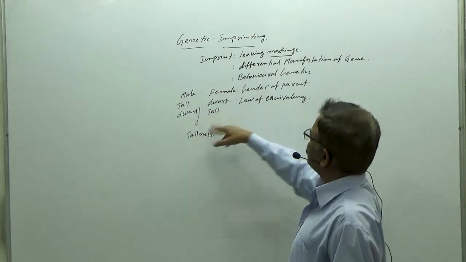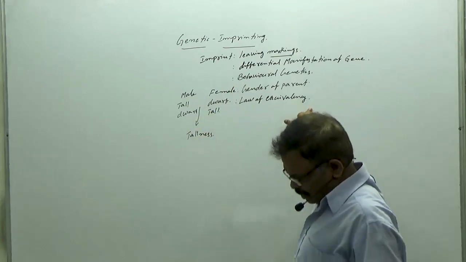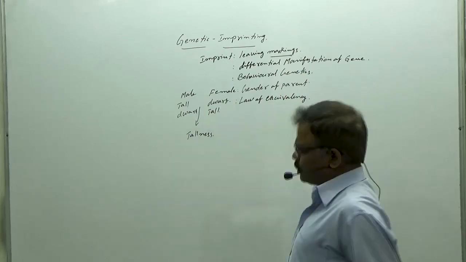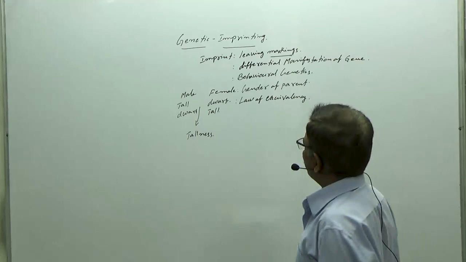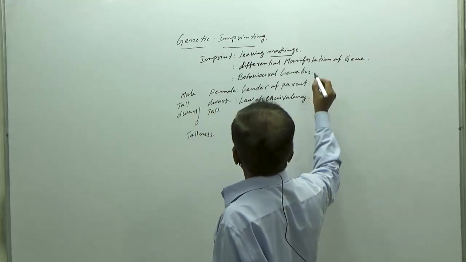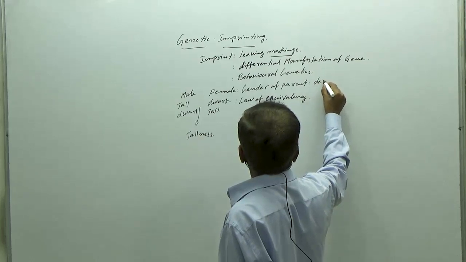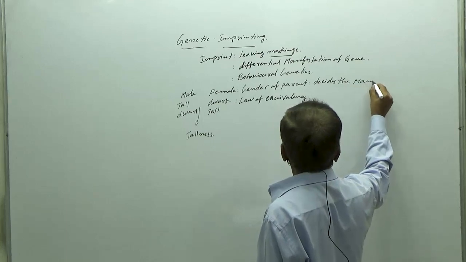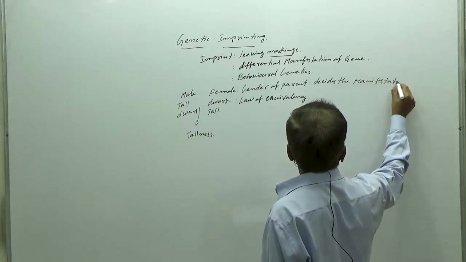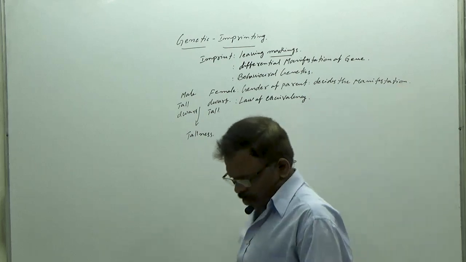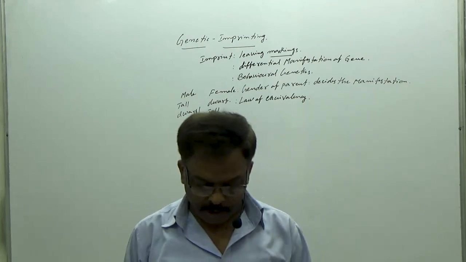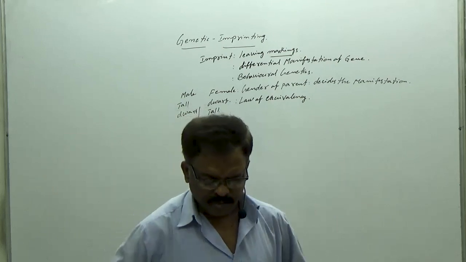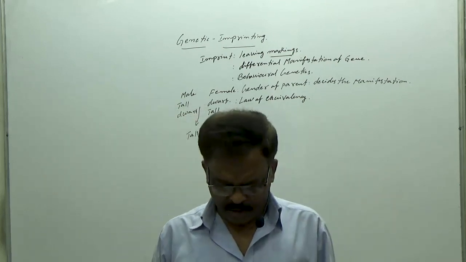That rule is known as law of equivalence. This rule is not a universal rule. Sometimes the gender of parent decides the manifestation. When gender of parent decides the manifestation, then that comes under imprinting.